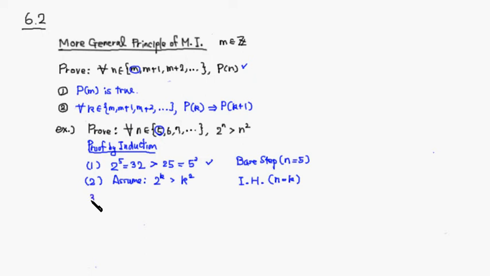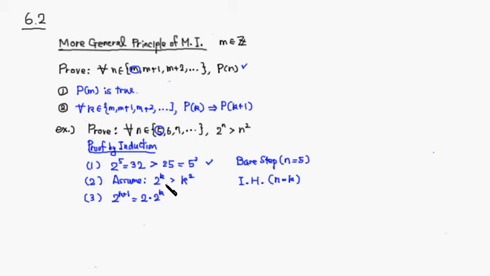So third step, we have to look at 2 to the k plus 1, and we have to show that this is strictly greater than quantity k plus 1 squared. First, from the k plus 1 power I'm going to pull out one of the 2s, so this is the same thing as 2 times 2 to the k.